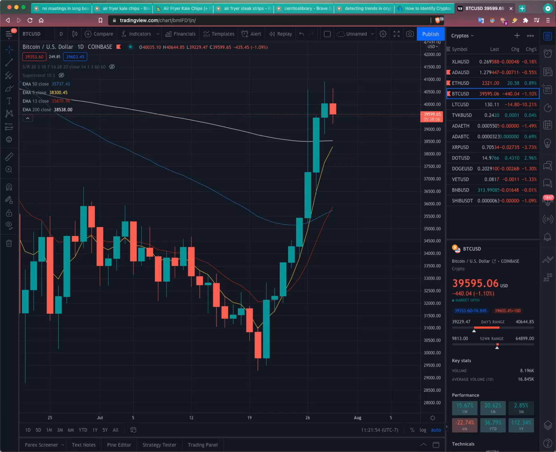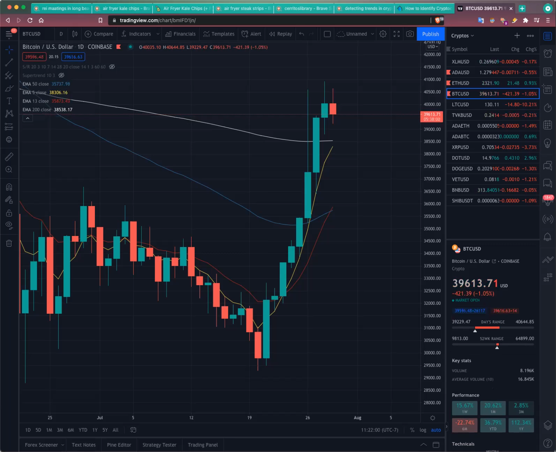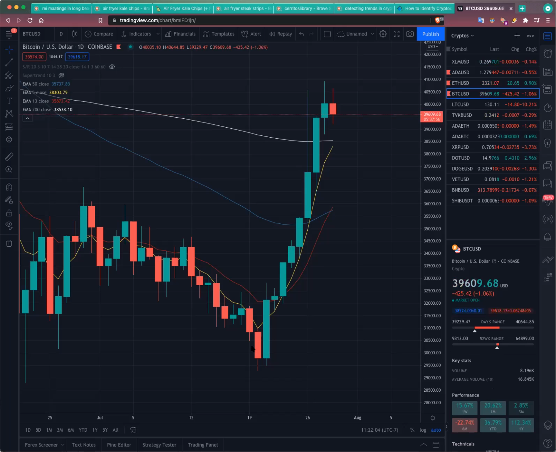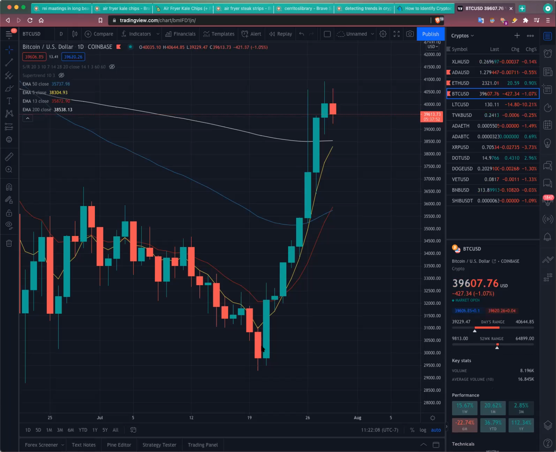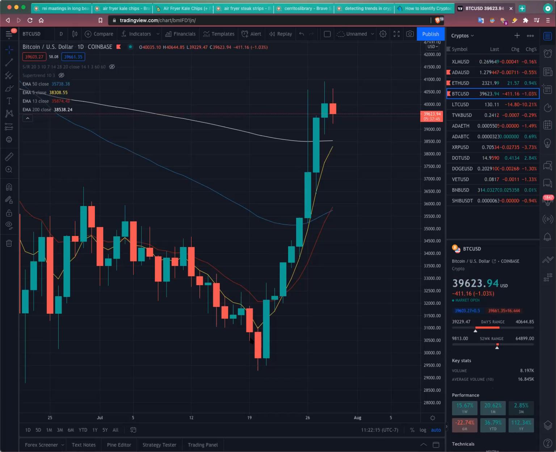Let's get started. For the basics, what you're looking at right now is the current Bitcoin chart on the daily chart. Each one of these rectangles is called a candle. What these represent is the market when it opened and closed for that day.